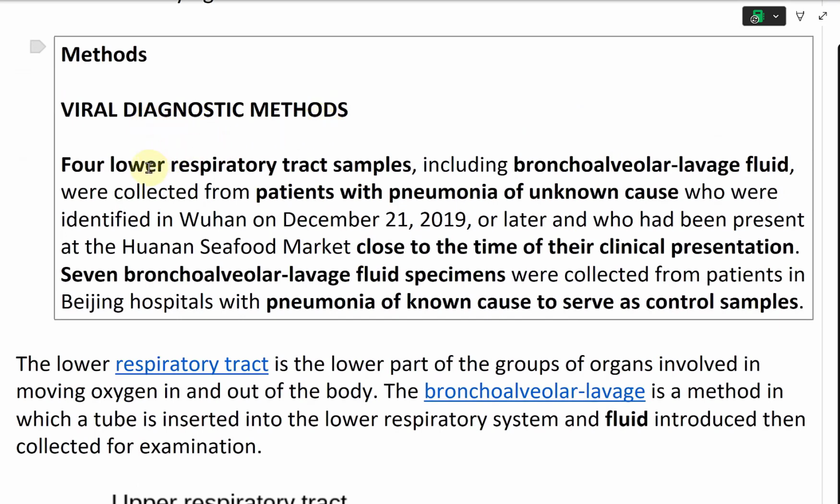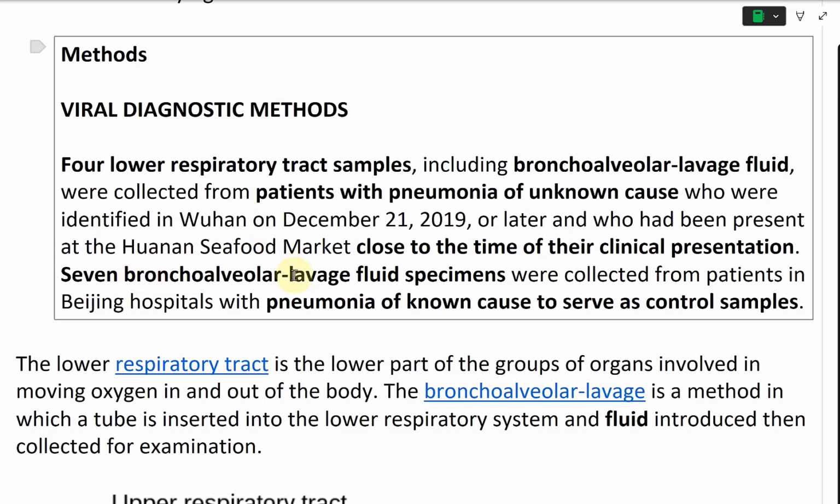Four lower respiratory tract samples, including bronchoalveolar-lavage fluid, were collected from patients with pneumonia of unknown cause who were identified in Wuhan on December 21st, 2019, or later, and had been present at the Huanan seafood market close to the time of their clinical presentation.